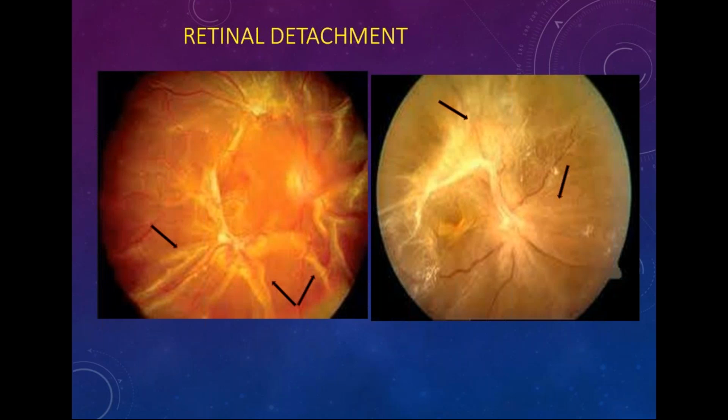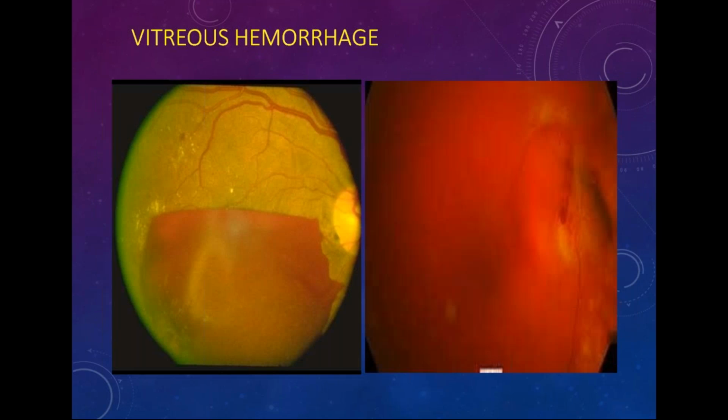Exudative detachment appears as bullous detachment. Rhegmatogenous means there will be a pre-existing break, so the liquid vitreous gel will seep through the pre-existing break and lift the retina. That is called rhegmatogenous detachment. There are the three types of detachment: rhegmatogenous detachment, exudative detachment, and tractional retinal detachment.